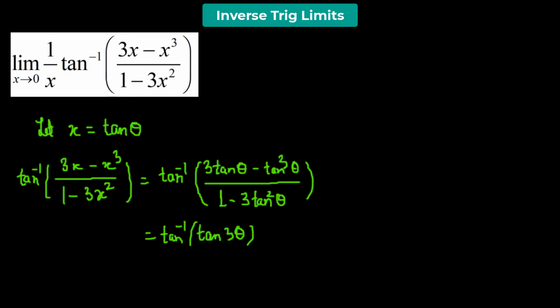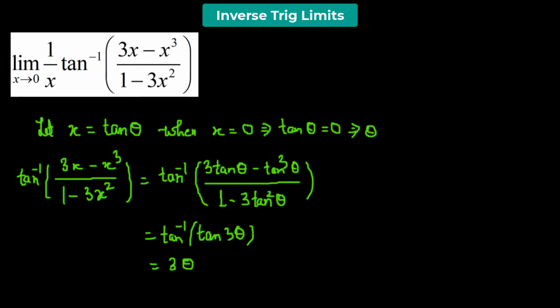So that means tangent inverse of tangent of 3 theta will be simply equal to 3 theta. Now we'll also find the value of theta when x approaches 0. So when x is equal to 0, this implies tangent of theta is equal to 0.